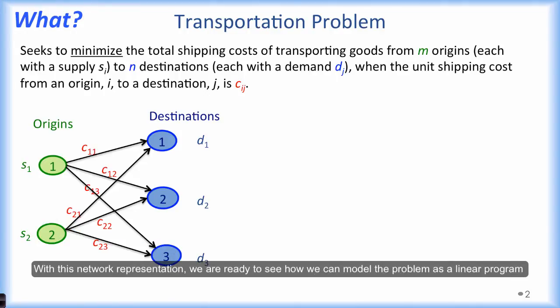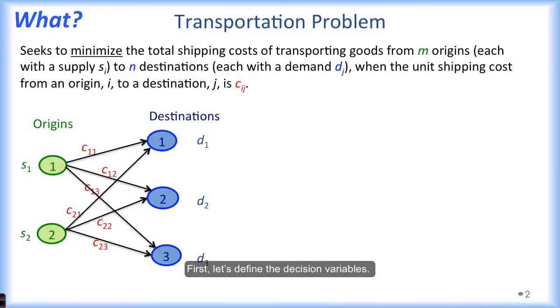So with the network representation on hand, we are ready to see how we can solve the transportation problem as a linear programming problem to find the optimal solution about the number of units to be shipped from each origin I to each destination J, in order to minimize the total shipping cost while satisfying all supply and demand constraints.